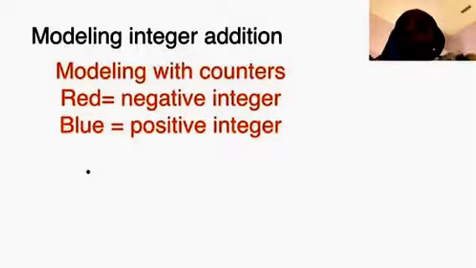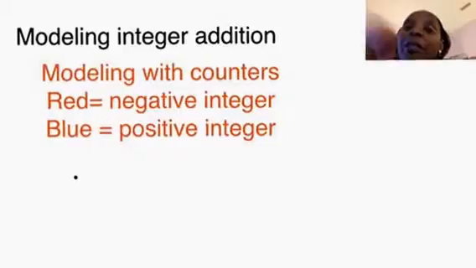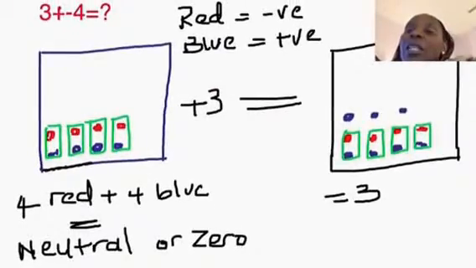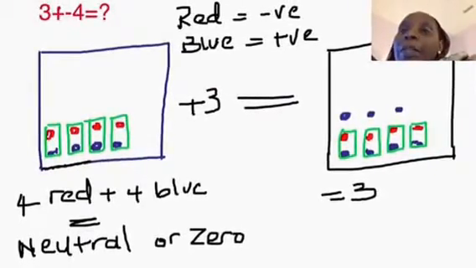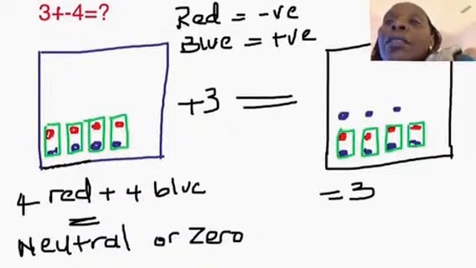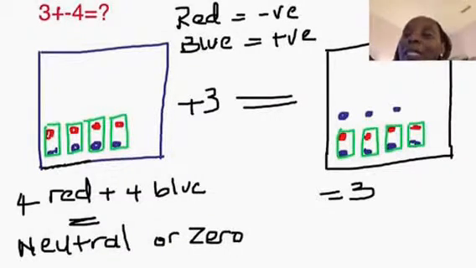So we will start by modeling integer addition, and we start on the premise that a red counter represents a negative integer and a blue counter represents a positive integer. So let's start with the problem, and the problem is 3 plus minus 4. We said the red represents negative and the blue represents positive.